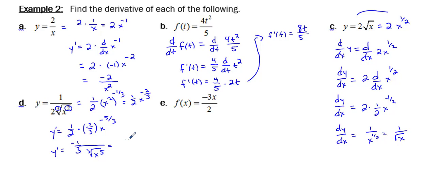Okay, so then we have negative 1 over 3. Okay, we have 5 factors of x. We need 3 of them, so that'd be x. And then we have cube root of x squared. What did you do there?